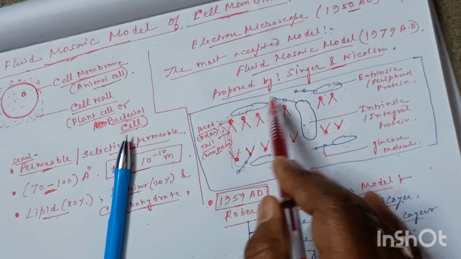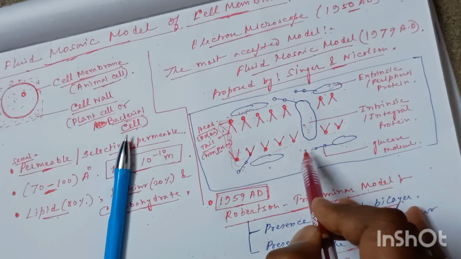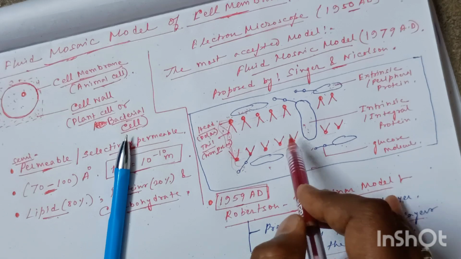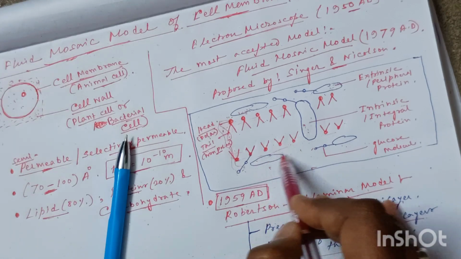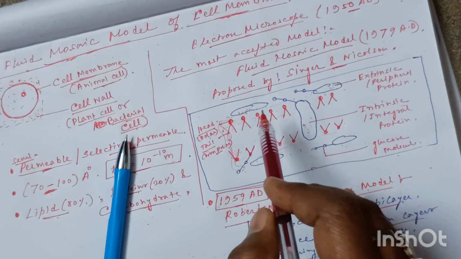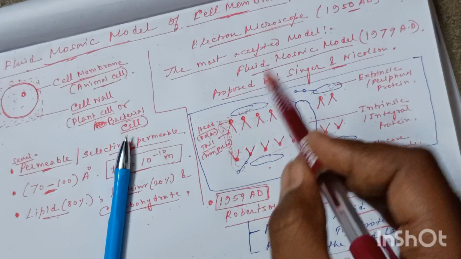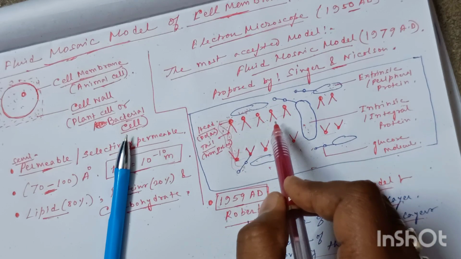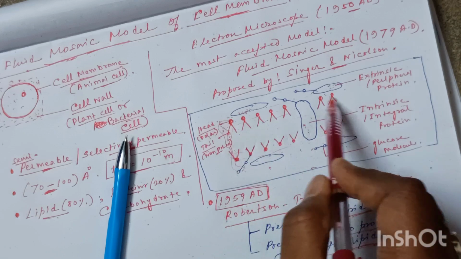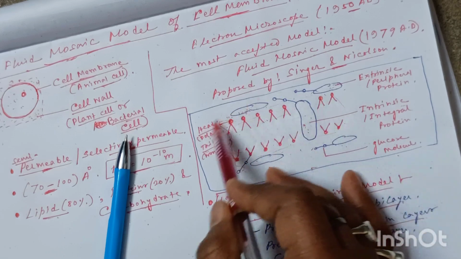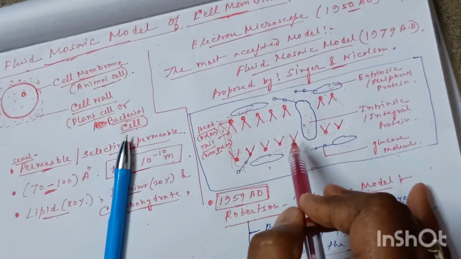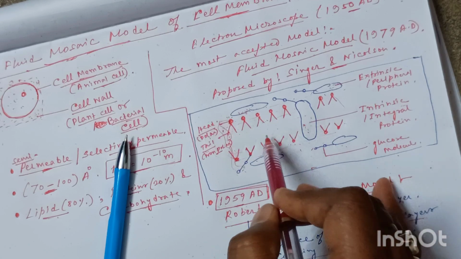But the extrinsic protein remains in a surface condition above the lipid layer. Now, one more thing to add here: in the fluid mosaic model, Singer and Nicholson proposed that the lipid bilayer remains in fluid form and constant motion, and it also undergoes lateral diffusion.